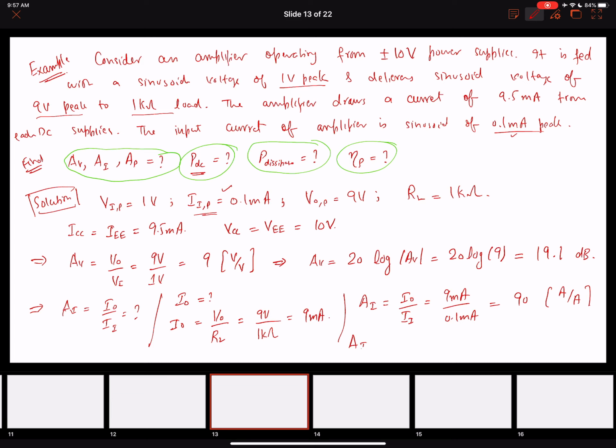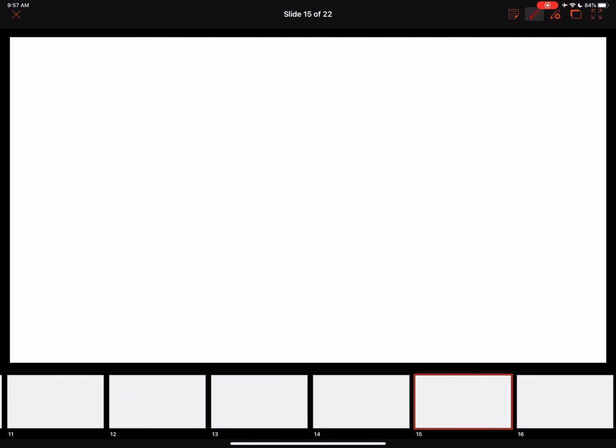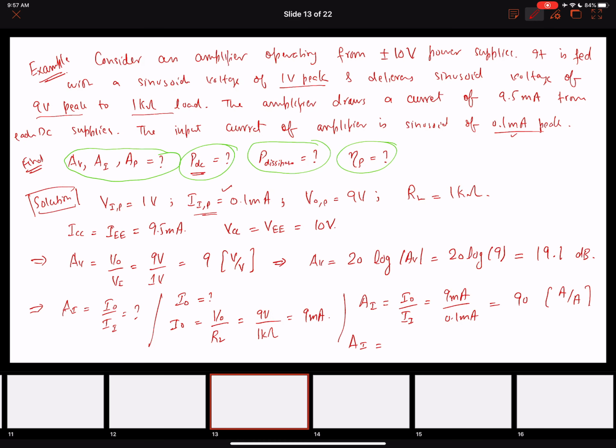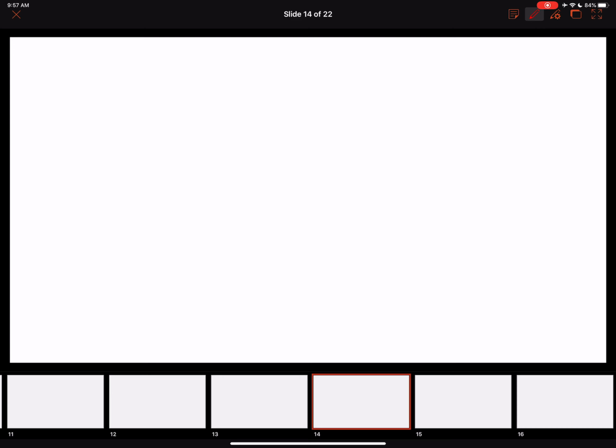We can also report that in terms of decibels. So it would be 20 log of 90, which is going to come out to be 39.1 decibels. So we ended up finding the value of the current gain as well.